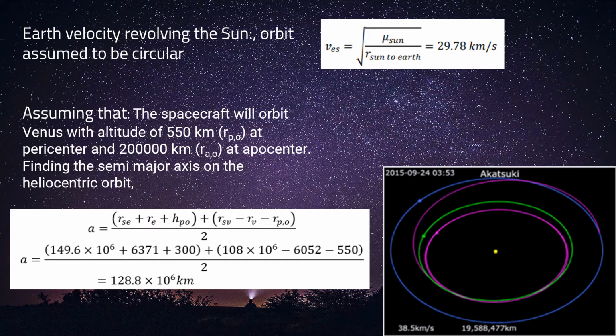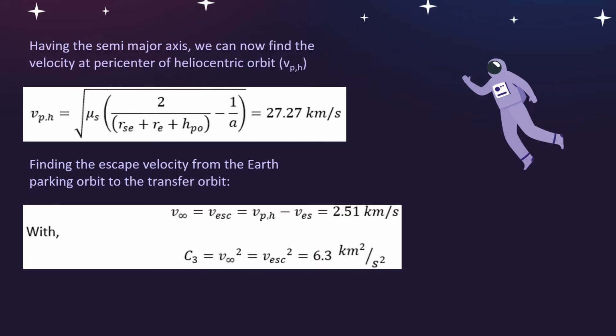On the bottom right, we have the illustration of the heliocentric orbit from the Earth to Venus by the Akatsuki spacecraft. Having the semi-major axis, we can now find the velocity at pericenter of the heliocentric orbit, which is 27.27 km per second.